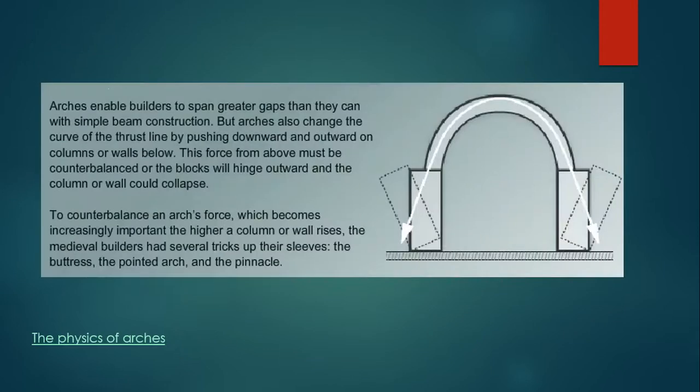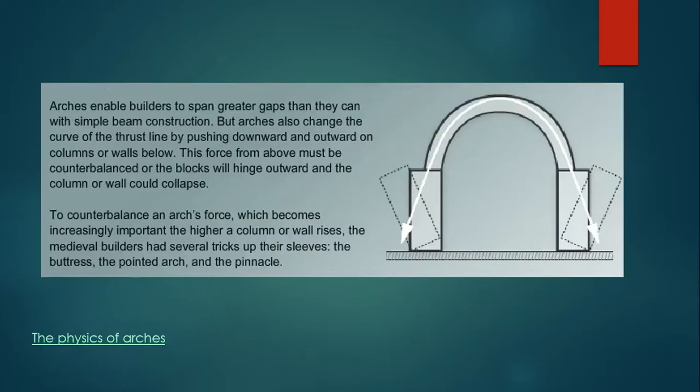Now, one of the inherent problems with an arch is caused by the physics of the arch. Since we have this curved shape sitting on top of columns, the force of the weight from the curved shape isn't being directed straight downward. It's actually being directed down and out.